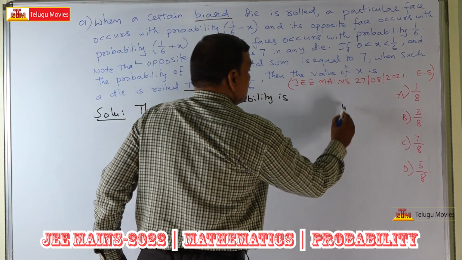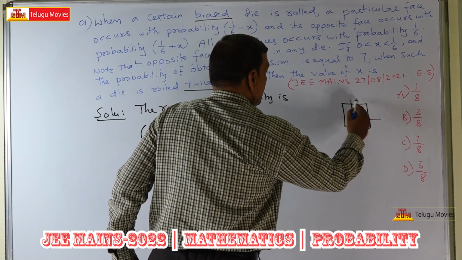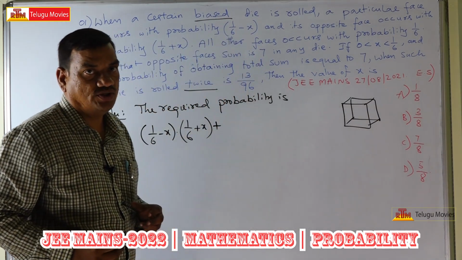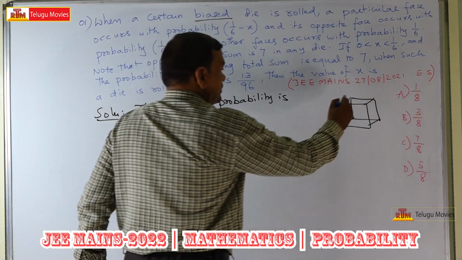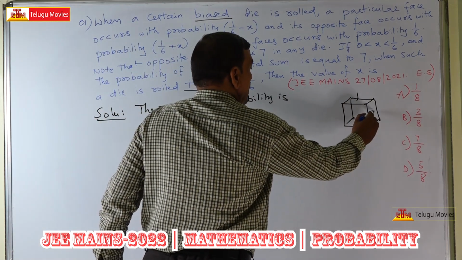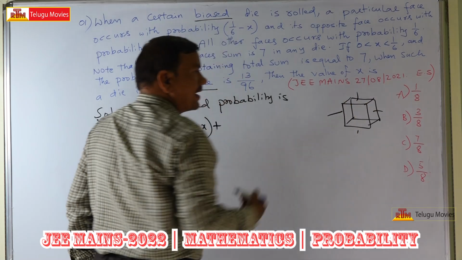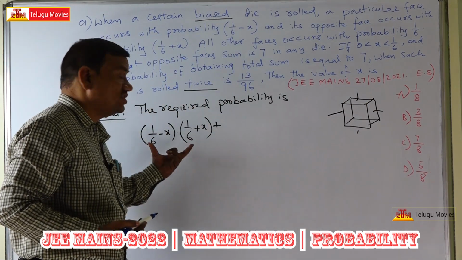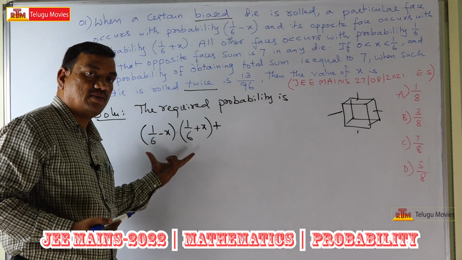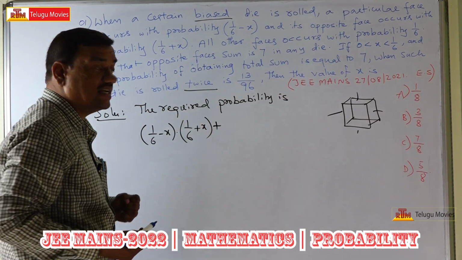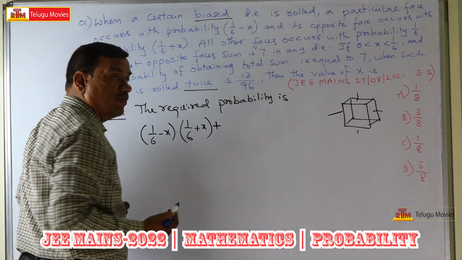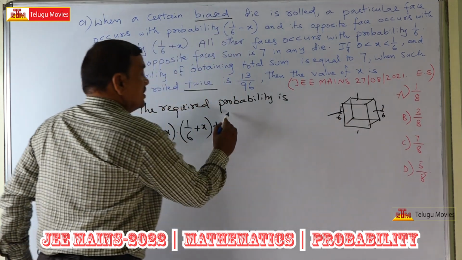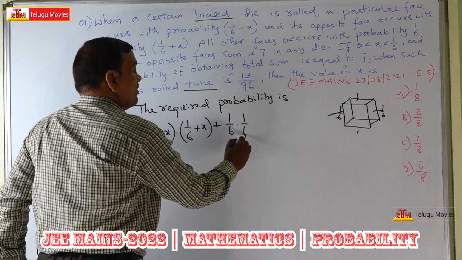If it is a die, there will be 3 sets of opposite faces: top and bottom, right and left, front and back. For the first set of opposite faces this is the probability, and for the second set, he is already saying it is 1 by 6 times 1 by 6.